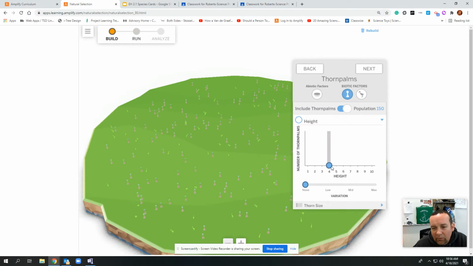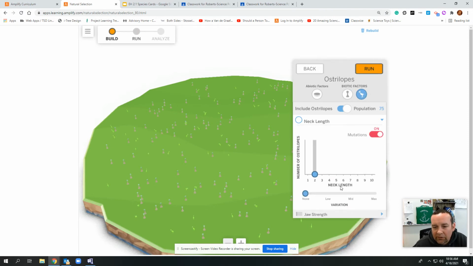We're going to put it at 4, and the variation we're going to put to medium. Before we start, let's look at our little critters here. Notice their average neck length is 2. We don't see any variation; it's turned to none. But our mutations is turned on, so that's great.